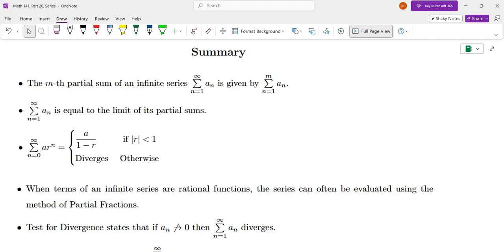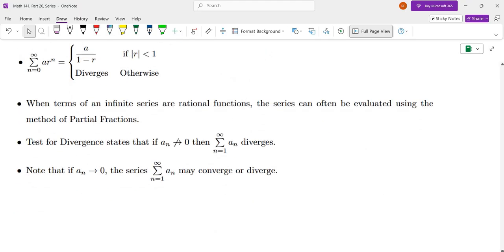Otherwise, it diverges. When terms of an infinite series are rational functions, the series can often be evaluated using the method of partial fractions. The test for divergence states that if a_n does not converge to 0, then the sum diverges, although it doesn't tell us anything about what happens when a_n approaches 0. If a_n approaches 0, then the series may converge or may diverge.